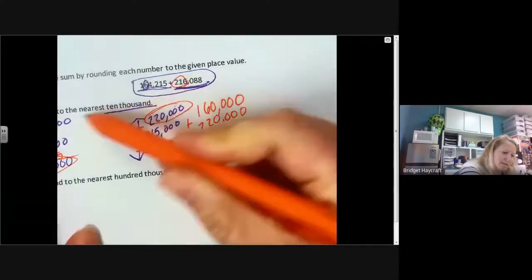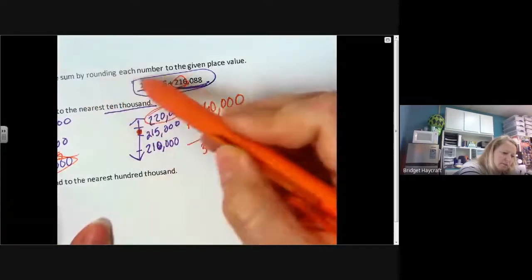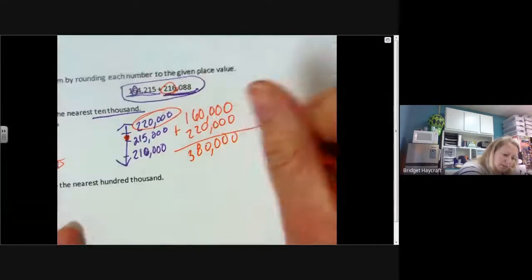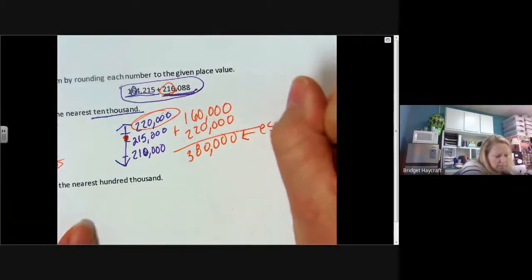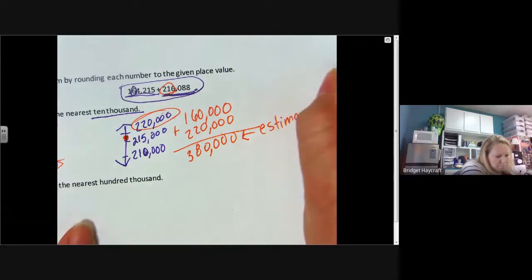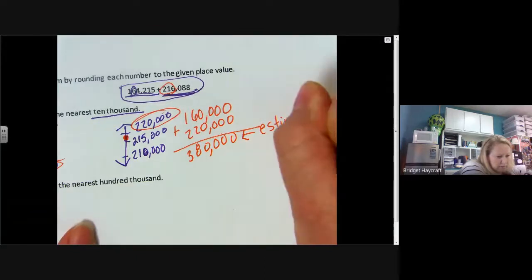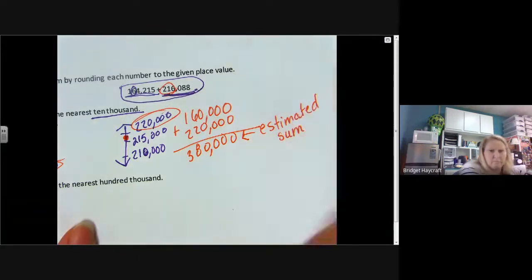So my estimated sum by the rounding of it, so that's my estimated sum.